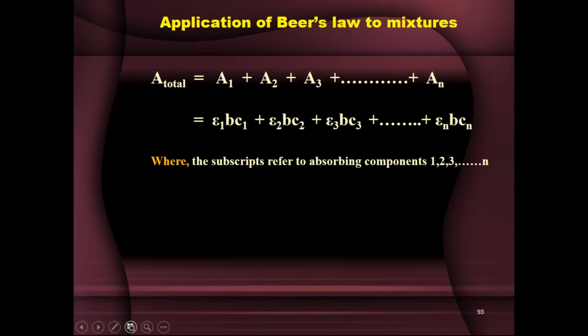But what if your sample is a mixture of substances? That is, there is more than one substance in the sample solution, and all of them are capable of absorbing a given wavelength of radiation.